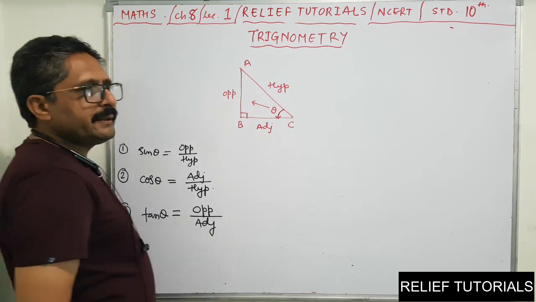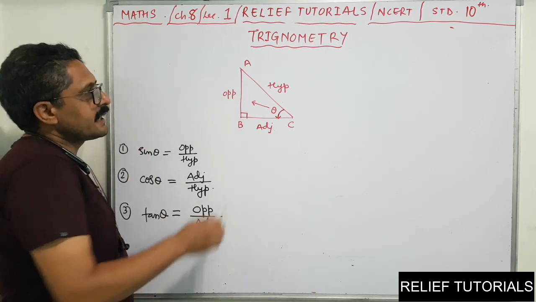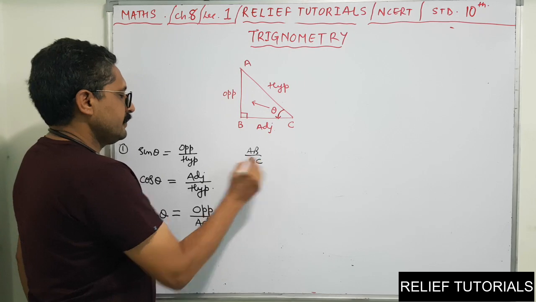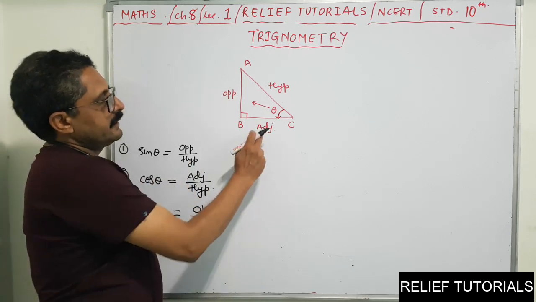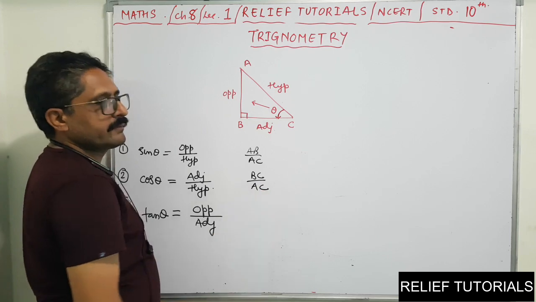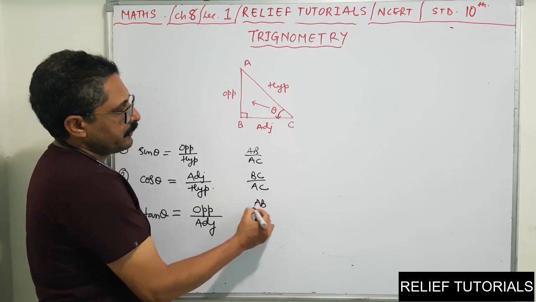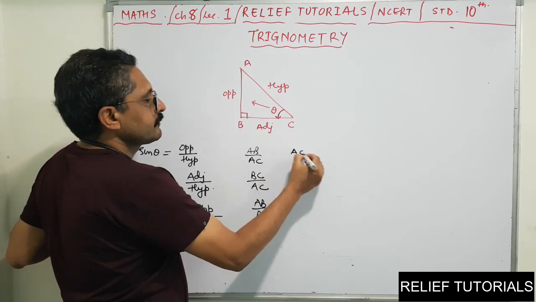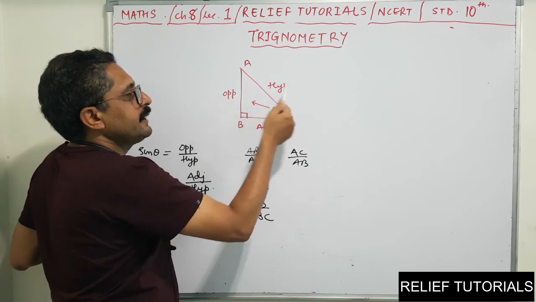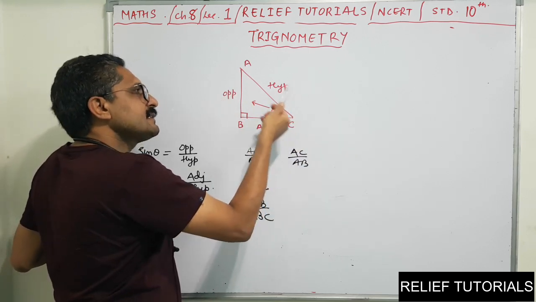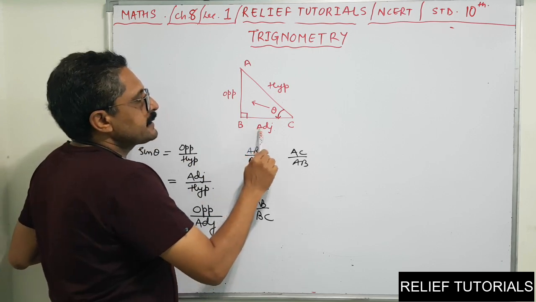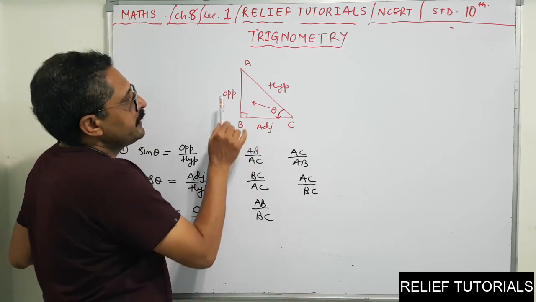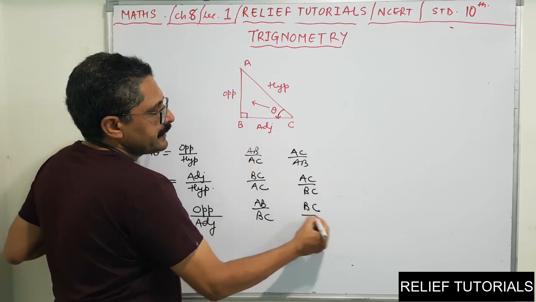And the remaining three will be reciprocals of these ratios. Sine theta is opposite upon hypotenuse, here AB upon AC. Then cos theta is BC upon AC. Then tan theta is AB upon BC. Three ratios. The remaining three ratios will be AC upon AB, AC upon BC, and BC upon AB.